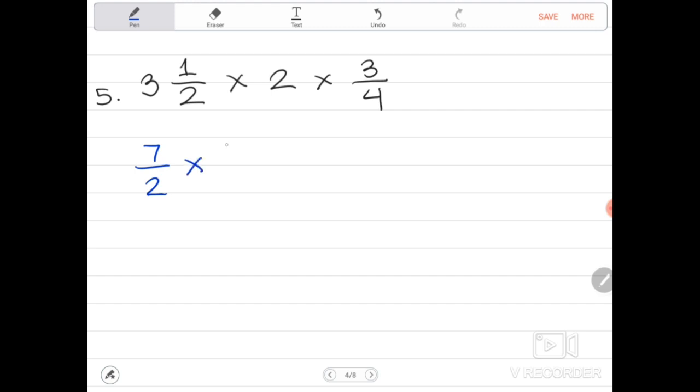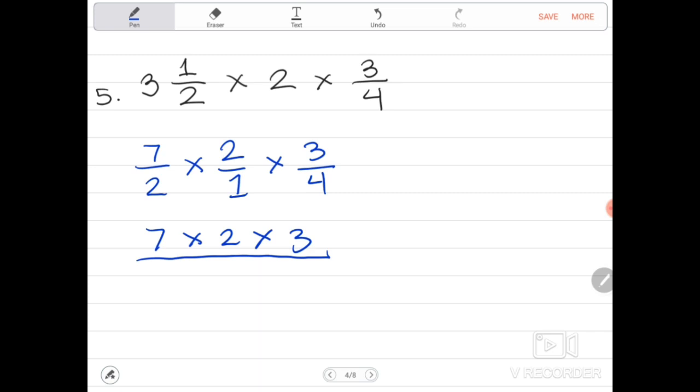Times 2 over 1 times 3/4. Okay, so we have 7 times 2 times 3 for the numerator, then for the denominator, it can be written as 2 times 2. So 2 times 1 times 2 times 2.